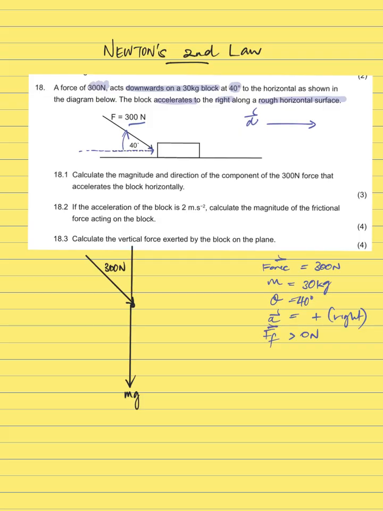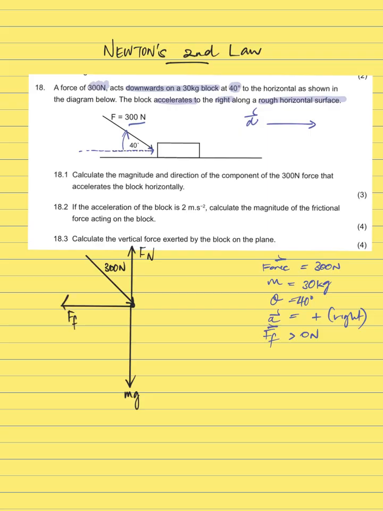I also know if it's on the surface, I must have my normal force, Fn. And at the exact same time, in the opposite direction, I have a force of friction that's doing something like that.